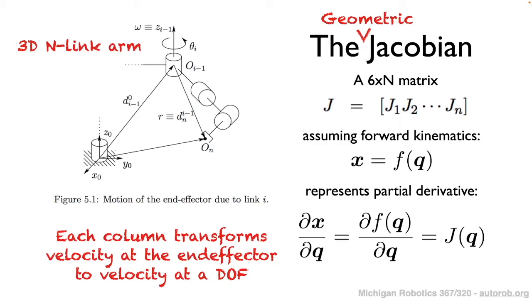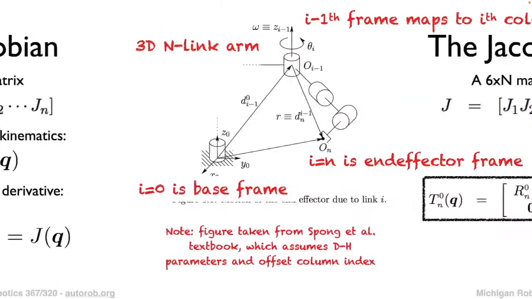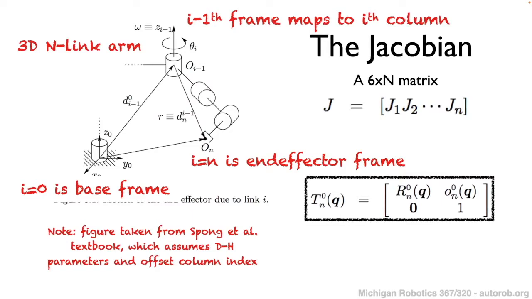So we'll look at this in more detail. The first thing I want to mention is a couple of notes on this figure. This figure is taken from Spong, and it's illustrating an example of a kinematic chain robot, where we have a base link, which is the base frame of the robot here at index 0, and then we have our end effector at index n.